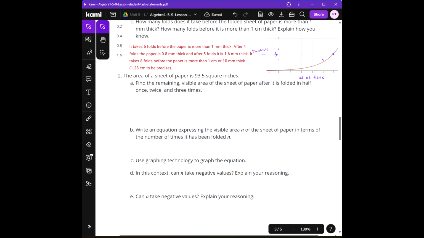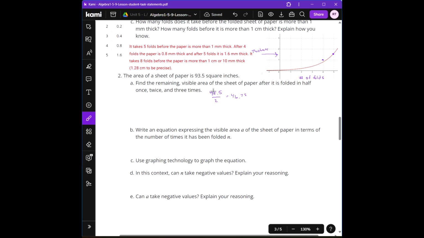Okay, let's look at the next one. The area of a sheet of paper is 93.5 square inches. Find the remaining visible area of the sheet of paper after it is folded in half once, twice, and 3 times. For this one, we're just going to take our value of 93.5 and divide it by 2, and that will give us 46.75.